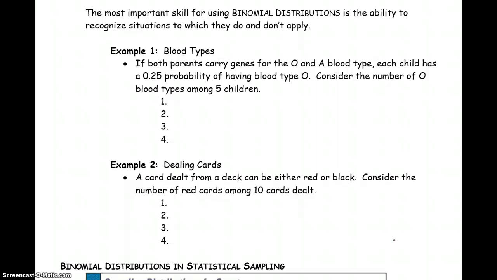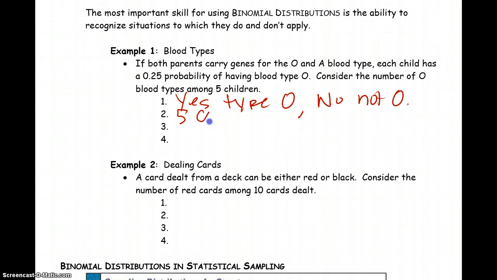So first criteria is that it's either a yes or no, and that is true. So it's either yes, it's type O, or no, it's not. So that criteria is met. Second criteria is that there's a fixed number of observations. That comes with the 5 children.